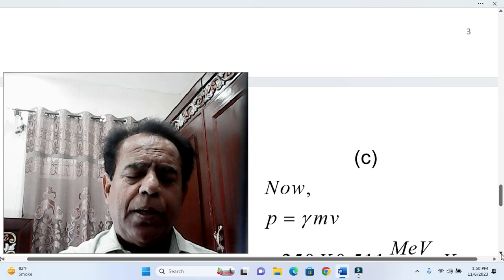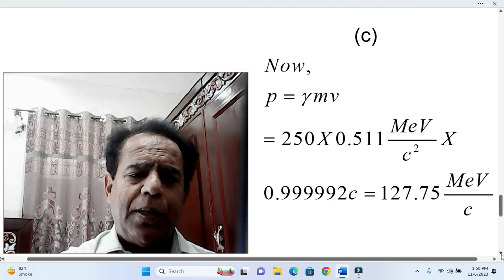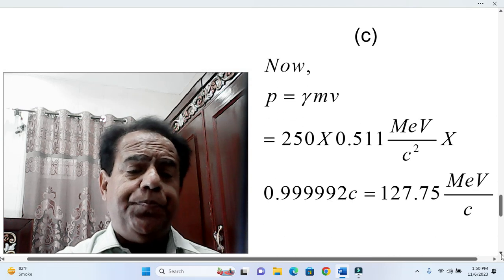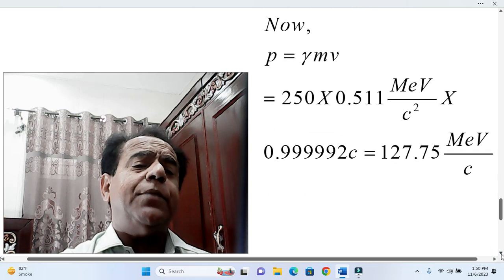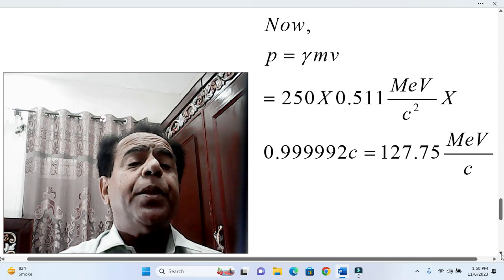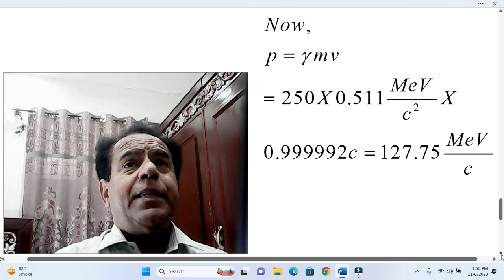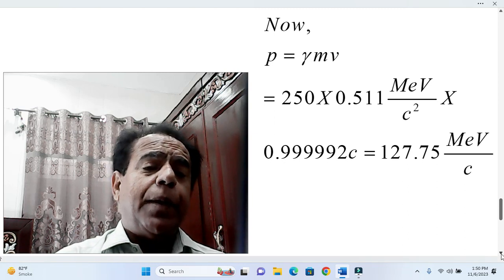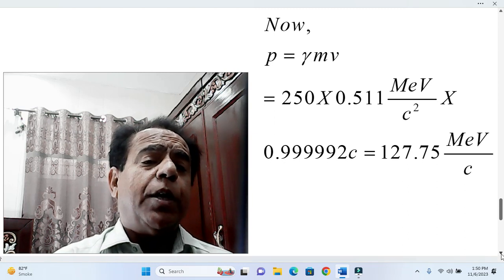Now we are coming to part C, in which we are going to find the momentum. We know that relativistic momentum is equal to classical or Newtonian momentum multiplied by the Lorentz factor gamma.